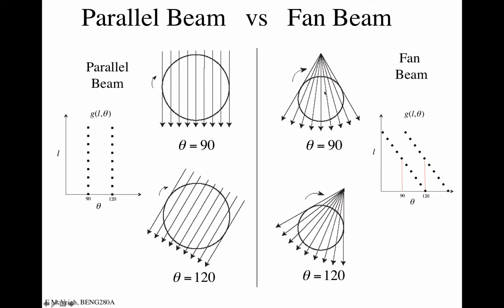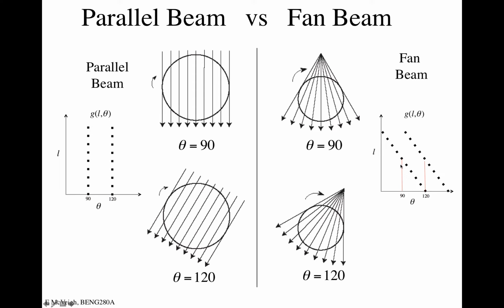With a single fan beam shot, I'm taking a diagonal sample through this function G of L theta. And so you can imagine I'm just going to click over an angle again and do another diagonal shot. And I'm just going to go through G of L theta on these diagonals and map out the same function. It's just I have this tilted coordinate system for my samples.